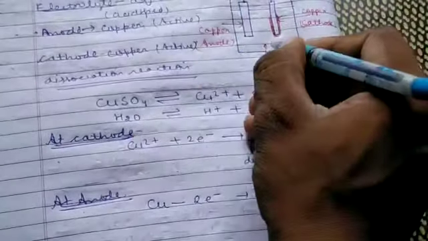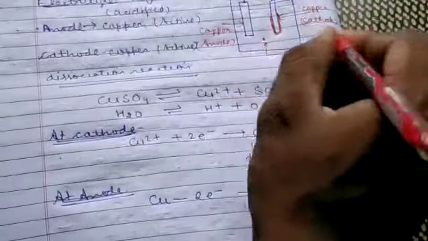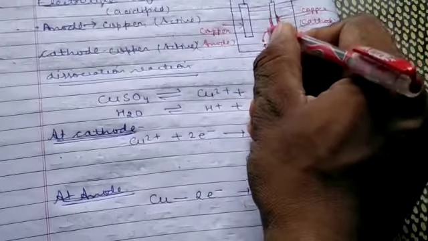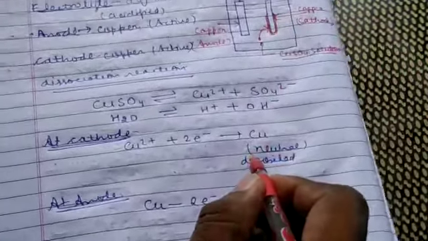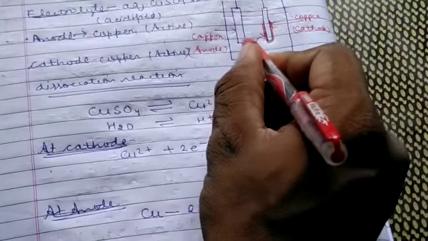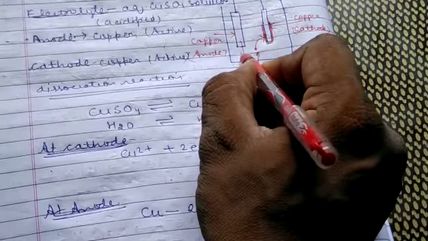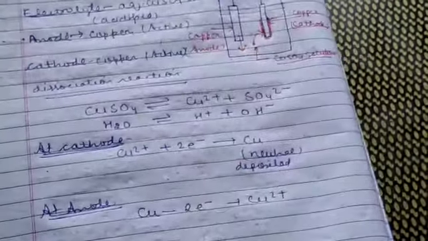Now you can see that as one copper ion has already migrated to the cathode, one copper ion will be in shortage. At the same time, one copper ion emerges from the electrode into the solution.